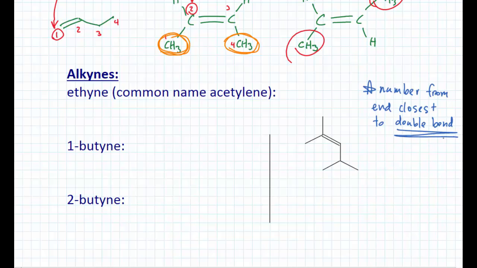When we have double bonds, that's sort of taken over priority as the most important feature of the molecule. Okay? So regardless of where the branches are, we're going to number this backbone from the end that's closest to the double bond, okay? And then the backbone must contain both double bonded carbons.